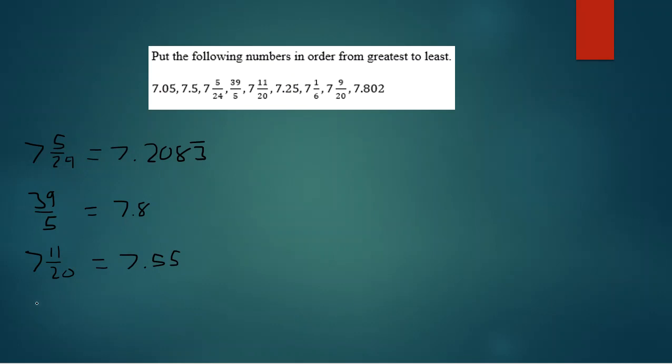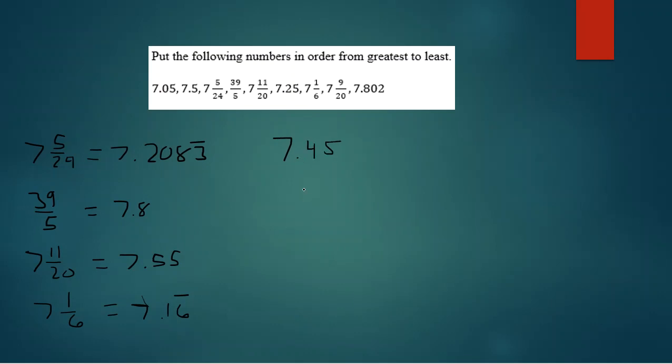And then 7 and 1/6 is 7.16 repeating. And then we have 7 and 9/20, which would be 7.45.